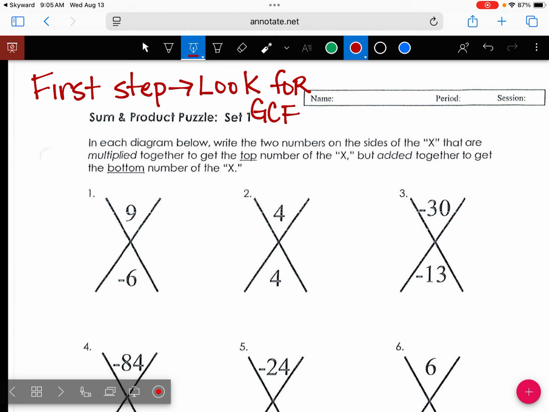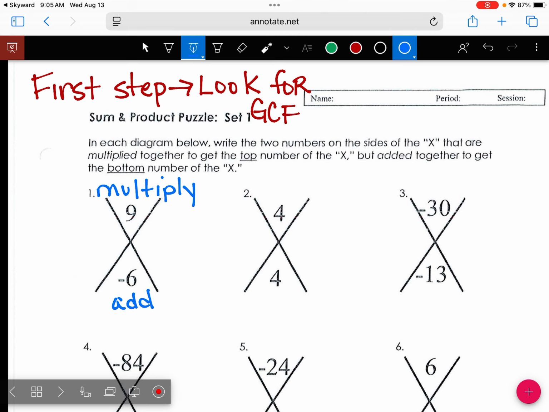And now what we're going to do is find two numbers. The key is that it has to multiply to what's on top and add to what is on the bottom. So you don't have to say it out loud. But the key is trying to figure out, I focus on the top first.